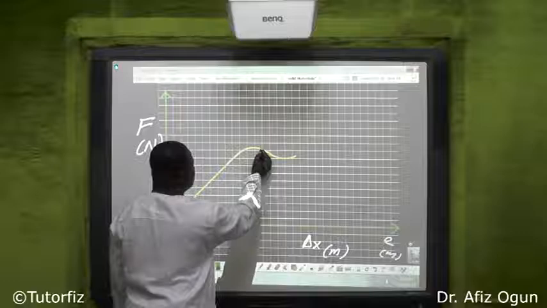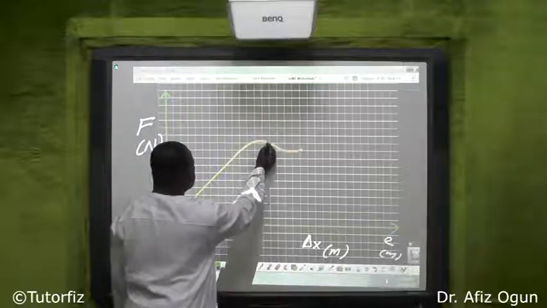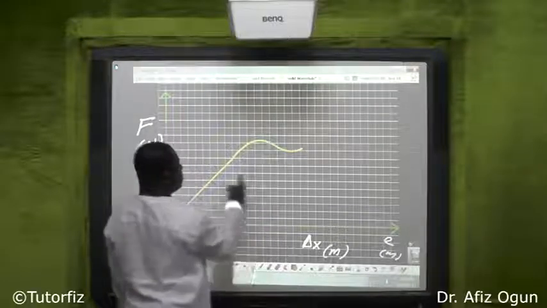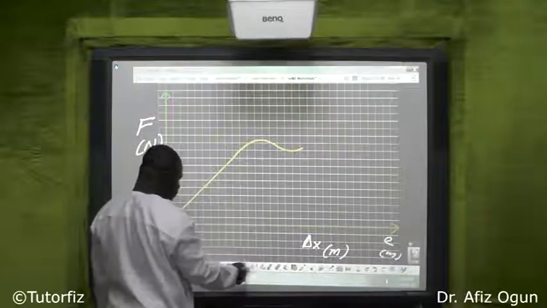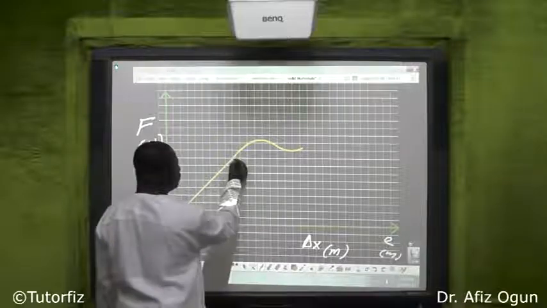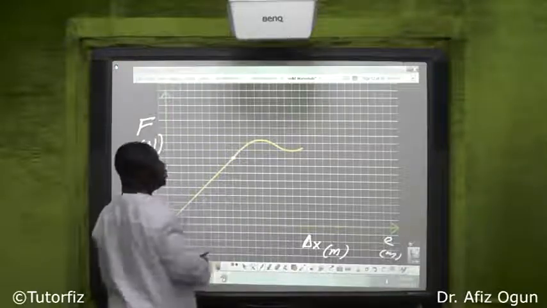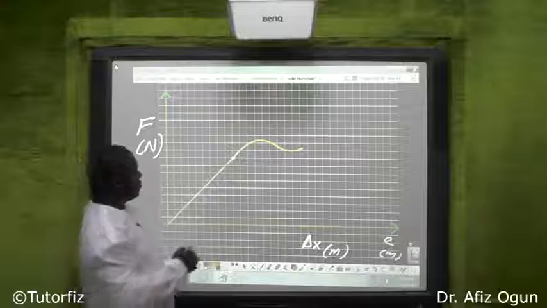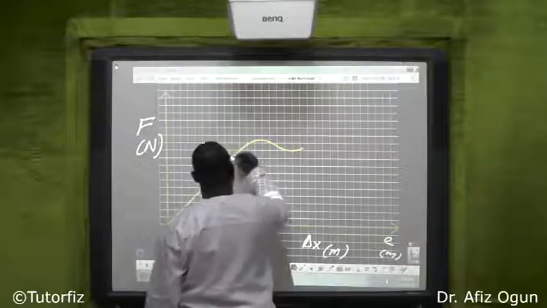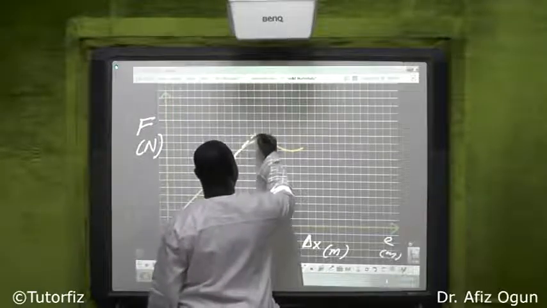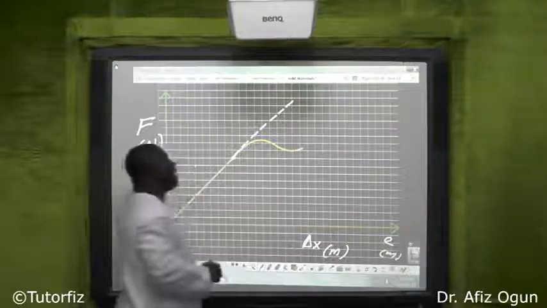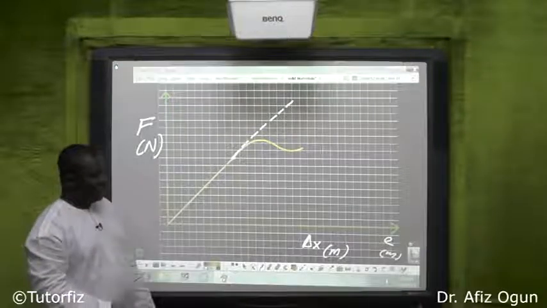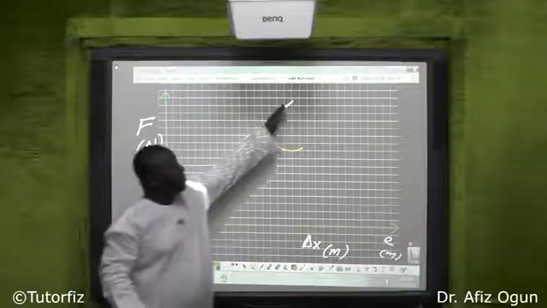So you can see that I have my straight line up to this point. Then the line starts changing. Surely I know it's straight up to this point, so after that point, it is no longer straight. You agree with me? If it's straight, it's supposed to continue to go like this. But it's no longer straight after that point.